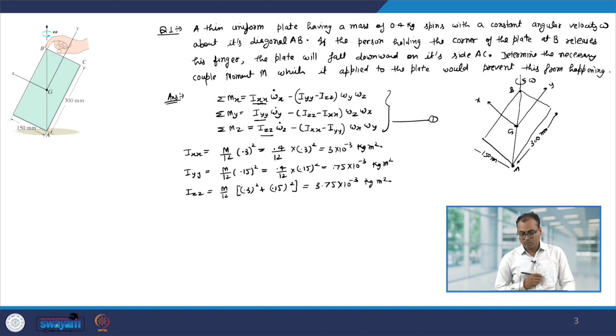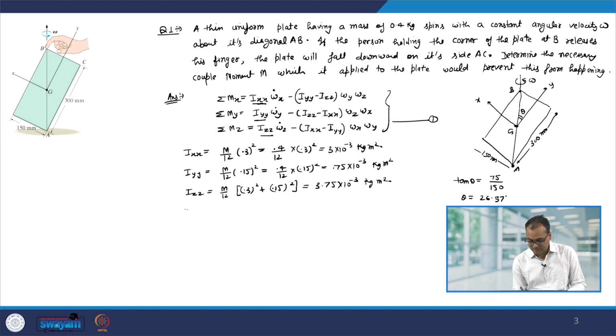Now, let us find out the values of the omegas. Let us say this angle is theta. In that case, tan theta will be 75 mm divided by 150 mm. So, this gives you theta equal to 26.57 degrees. And from here, because we have omega, we can find out its components along the x, y and z directions.